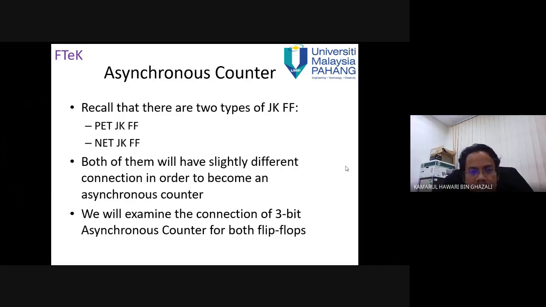Recall that there are two types of JK, positive and negative edge trigger. Both of them have slightly different connections in order to become an asynchronous counter. We will examine the connection of a 3-bit asynchronous counter for both flip-flops, PET and NET.